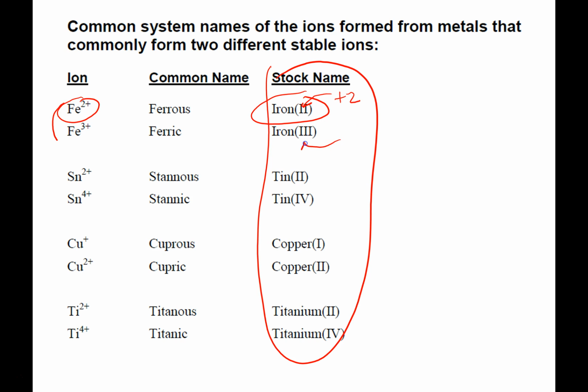Use the Roman numeral 3 to show it's a +3 cation. Okay. Tin, what's the symbol? Well, symbol for tin is Sn, yep. So you can have a tin +2 and it'd be tin Roman numeral 2. You can have a tin +4 and it would be Roman numeral 4.